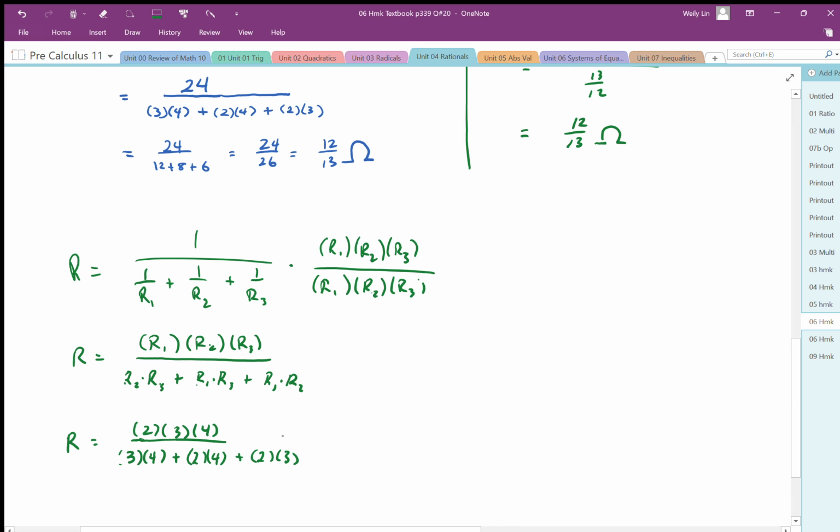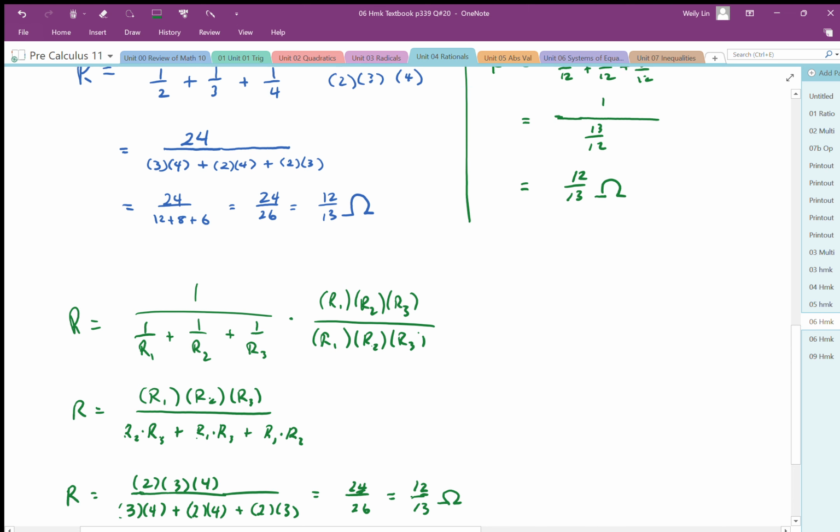And so our calculation ends up giving us 12 plus 8 plus 6 is 26. Sorry, that's going to be 24 over the 26. And that simplifies to 12 over 13 ohms, which we got in the previous example.